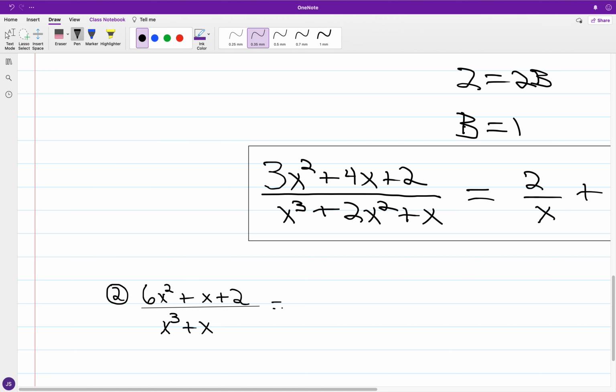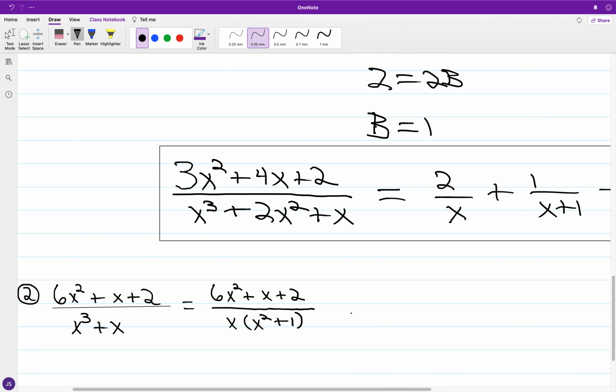And if I look at expressing in factored terms, I have 6x squared plus x plus 2. Now for x cubed plus x, we have x times the quantity of x squared plus 1.